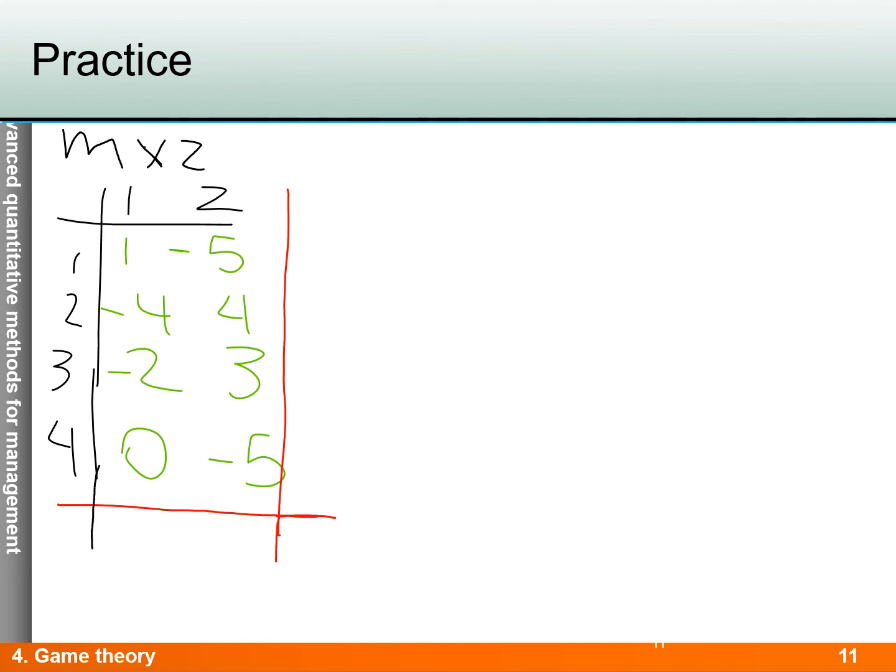Okay, so let's calculate the minimum of each of the strategy for player 1 and the maximum of each of the strategies for player 2. Okay, so here between 1 and minus 5, which one is minimum?